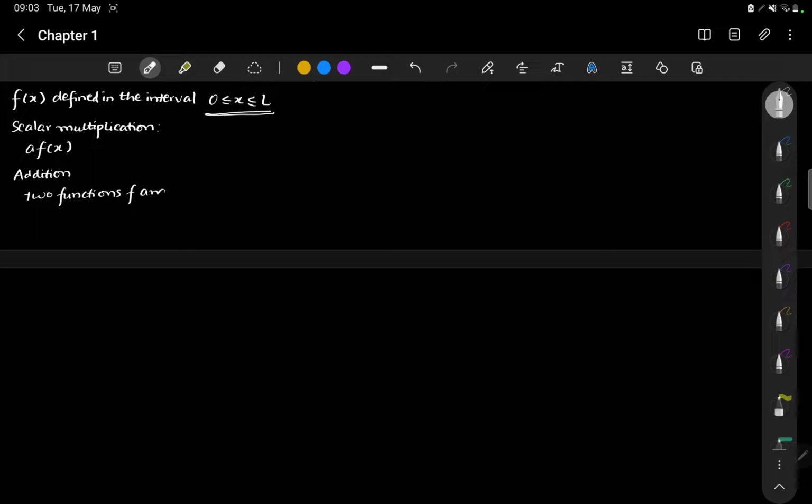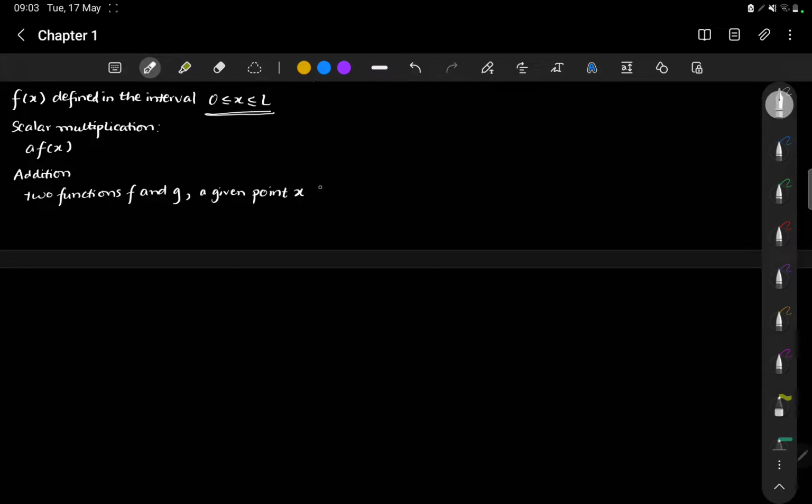f and g. So what is happening is these functions have a certain value at a given point x. So let's say we have two functions and then we have a given point x.